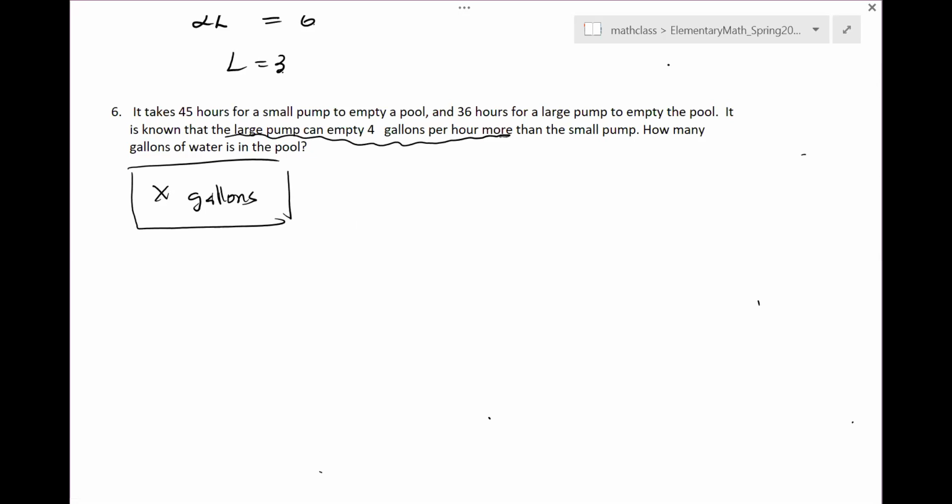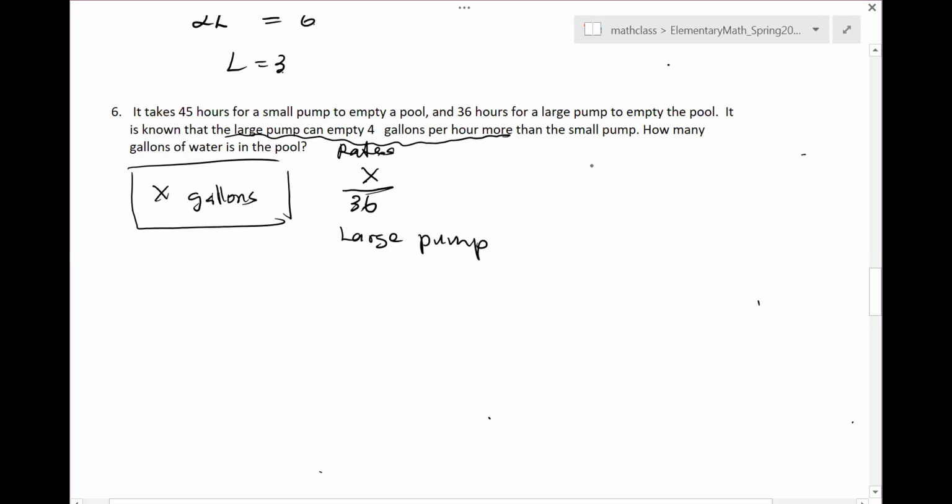Okay, what is the rate of the larger one? The larger one is X divided by 36. That is the rate, the number of gallons of water per hour that can be emptied by the larger pump. We are talking about the rates.